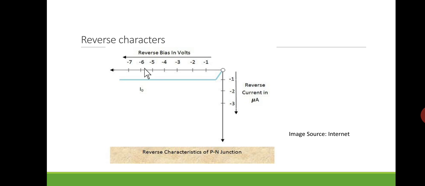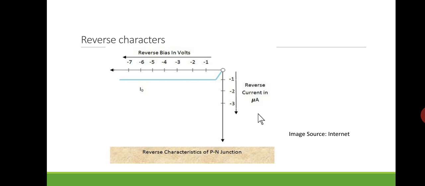This is the 0 point. From 0 to -1 there is a small increase in the current, and the unit is microamps. Micro means it is a very small current.